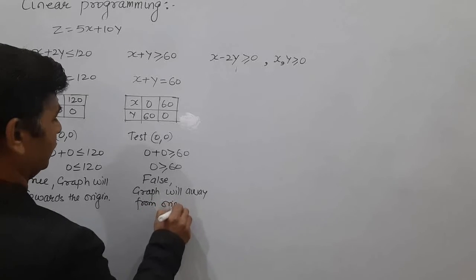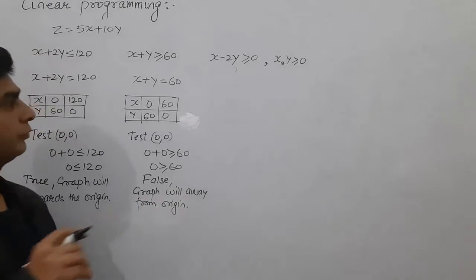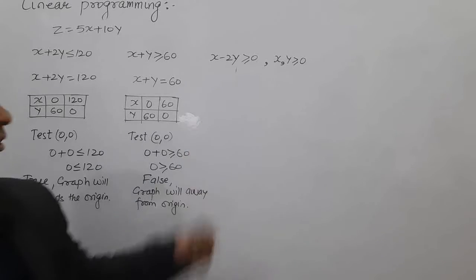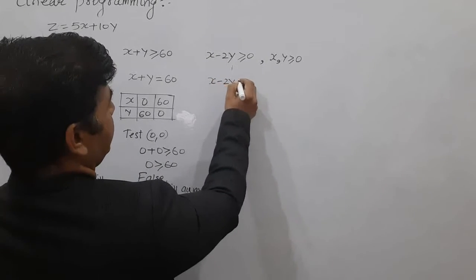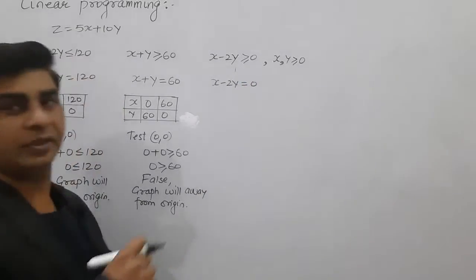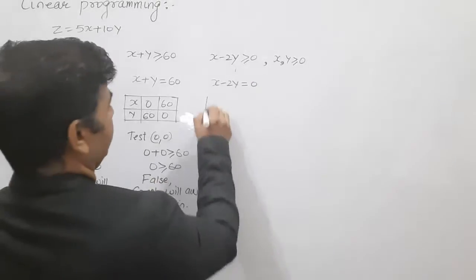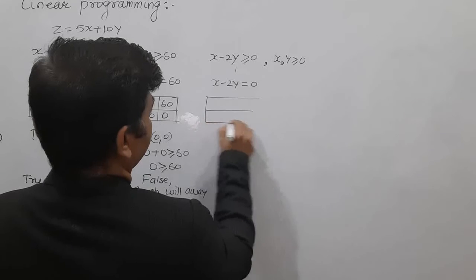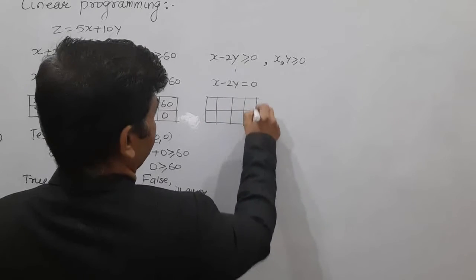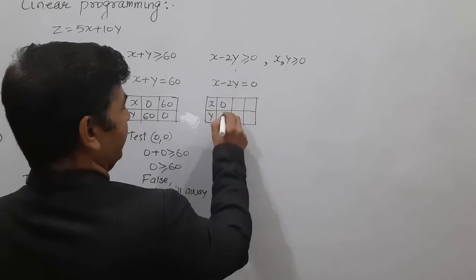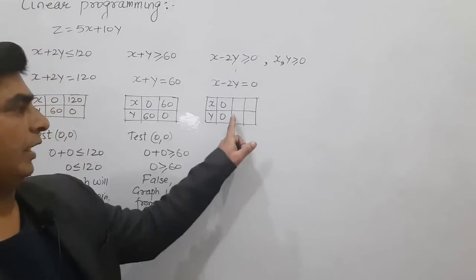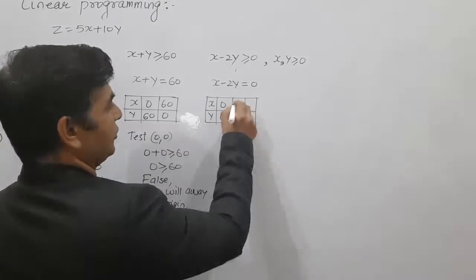Okay, now the last inequality is x minus 2y greater than or equal to 0. First of all, we will replace this inequality by an equality symbol. We will take the points. If you take x as 0, y will be 0. If you take y as 0, x will be again 0.